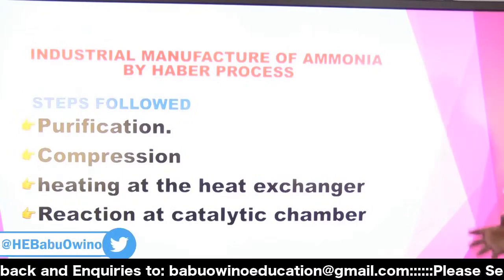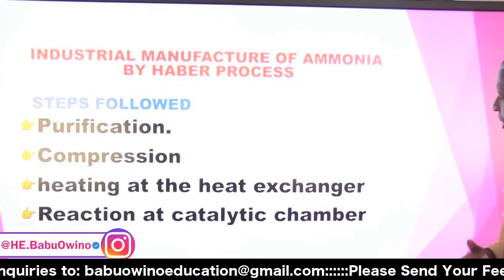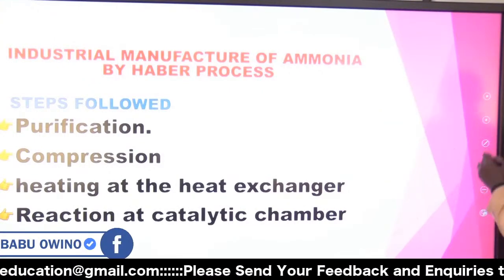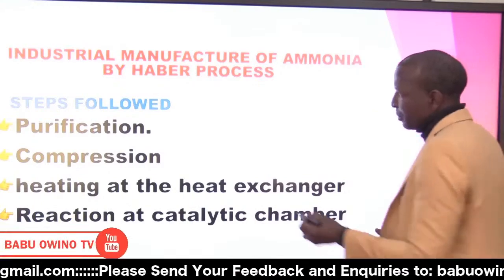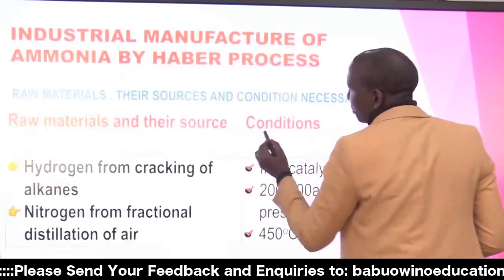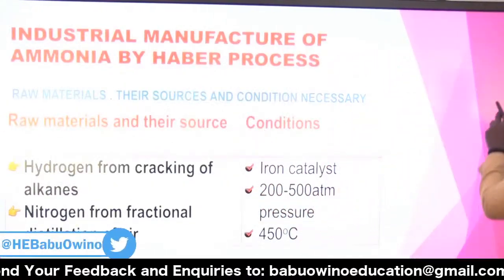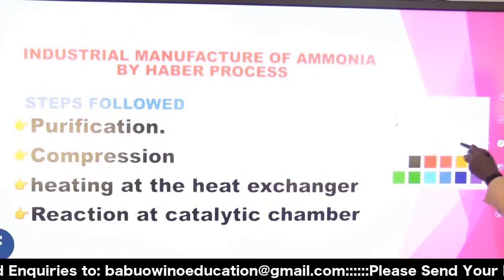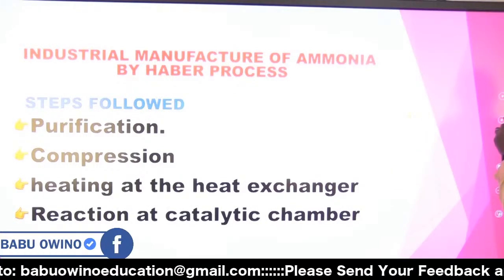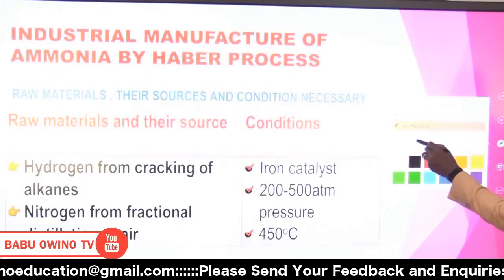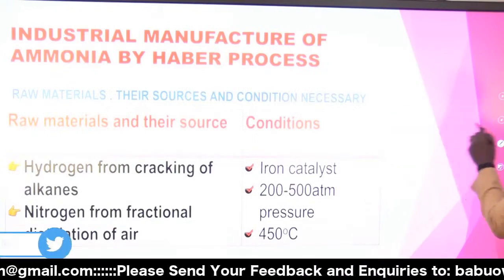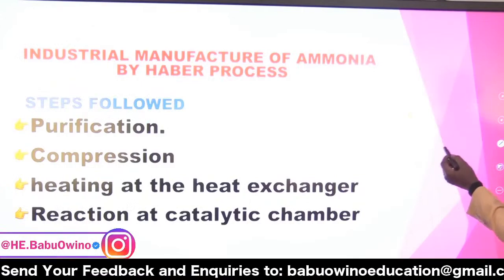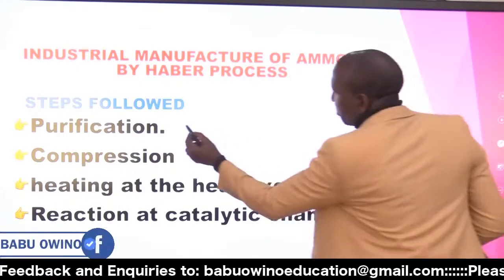We look at the industrial manufacture of ammonia by the Haber process. You need to have a look at what are the steps followed. The first step in this process is purification.